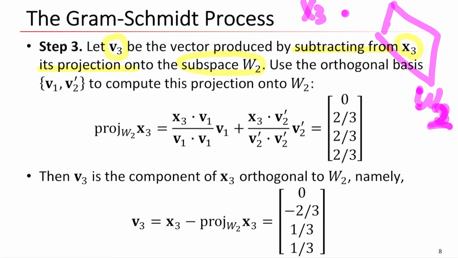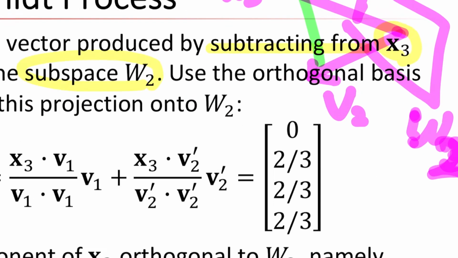Okay, so W2 is here, right? To find this, we can subtract from x3 its projection onto the subspace W2.